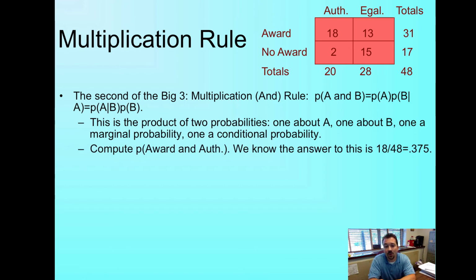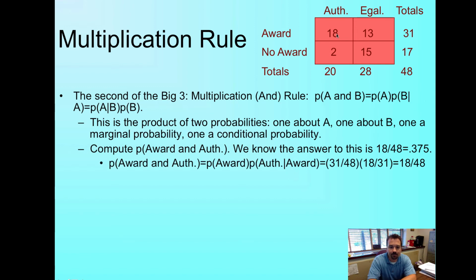So let's go ahead and compute something here. Probability of award and authoritarian. Well, we know the answer here is 18 divided by 48, or 0.375. Okay, award and authoritarian. But let's break this down. It is the same thing as the probability of award as a whole, which is this row, 31 divided by 48, okay, times probability of authoritarian given award.